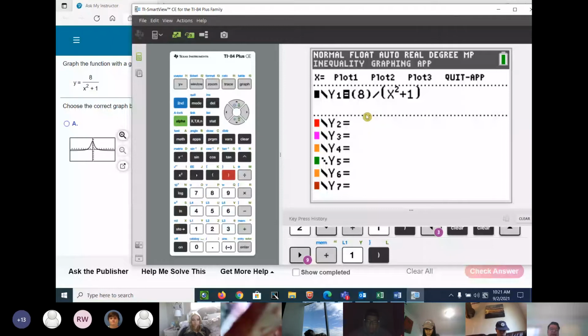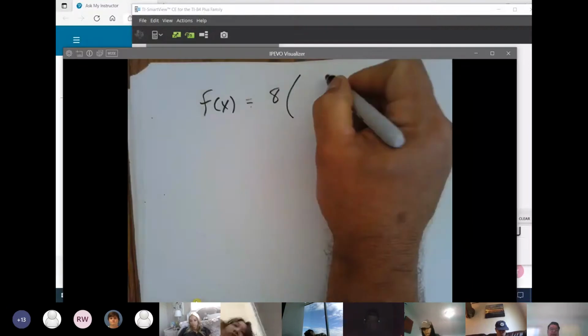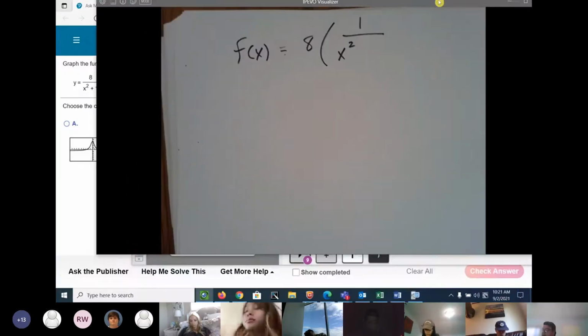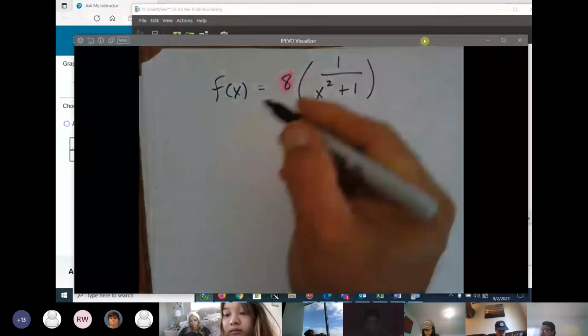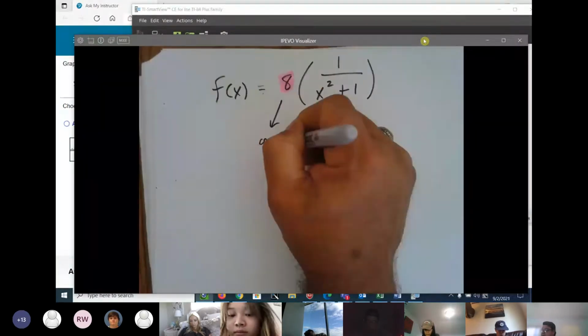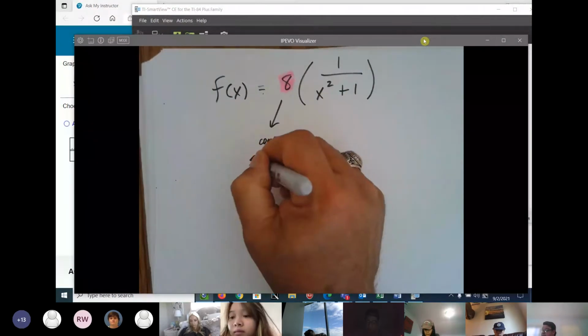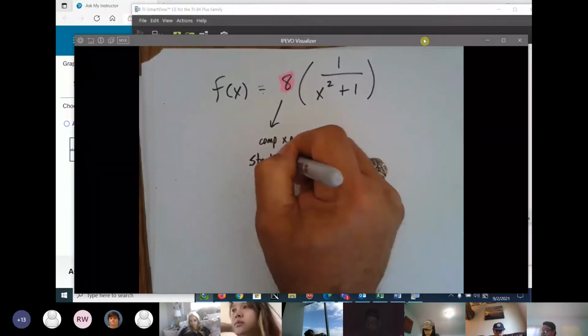So this 8, and we're going to talk about this 8 right here, is a magnifier, which means it's going to be compressed along the x-axis and stretched along the y-axis.